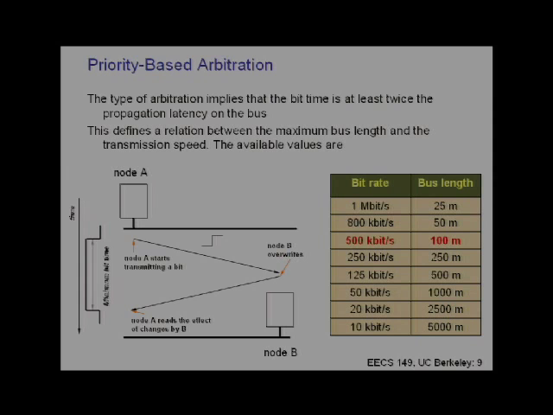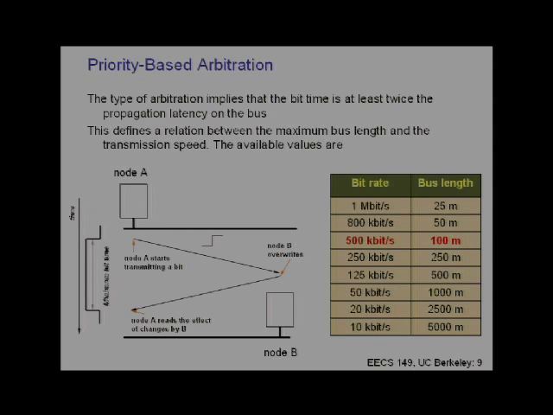So this priority-based arbitration imposes a latency already, right? We want messages to be sent quickly, but you already have a minimum bound on how long it takes to send a message, which is imposed by the arbitration scheme itself.